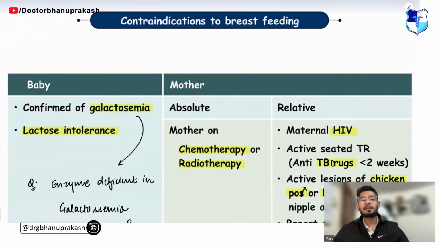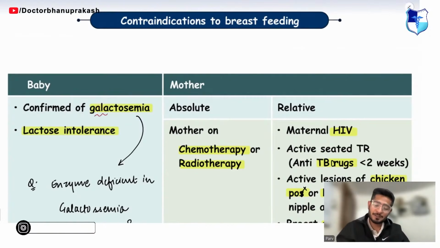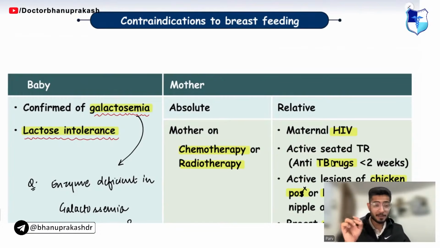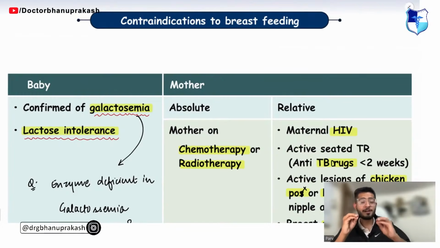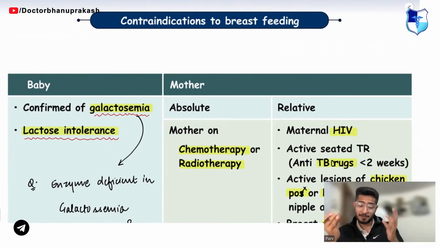What are the contraindications of breastfeeding? So understand, contraindications of breastfeeding can be because of baby, can be because of mother, okay. So if the baby is having galactosemia, or if the baby is going to have lactose intolerance, please don't give milk to the baby, okay.